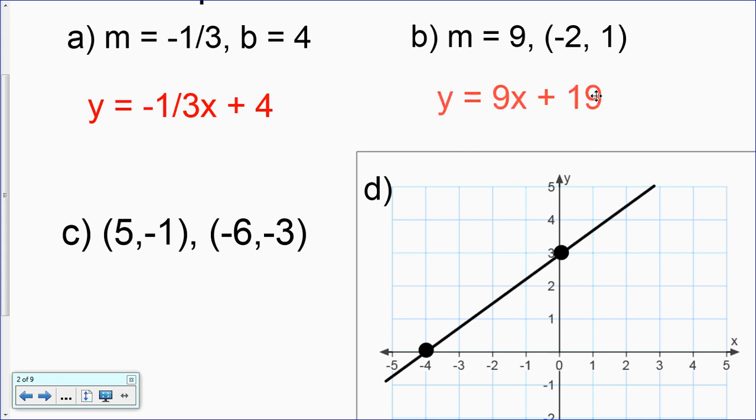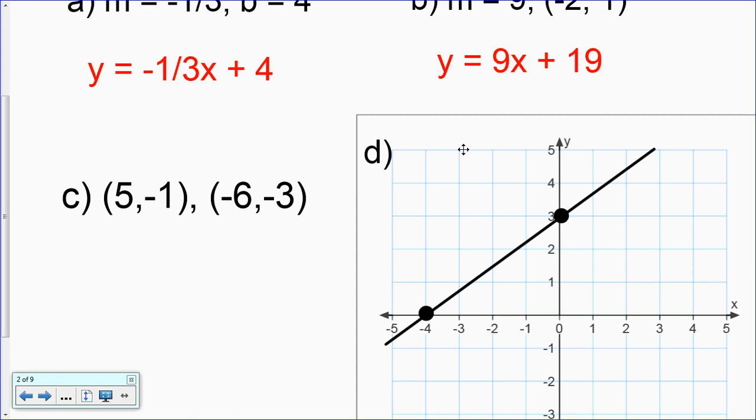Either way, you should have gotten y equals 9x plus 19. C, you needed to find the slope first, which ended up being 2/11ths, and then either again put it in point slope form and change it that way, or put it in y-intercept form and find the b and then write out your equation. Either way, you should have gotten y equals 2/11ths x minus 21/11.